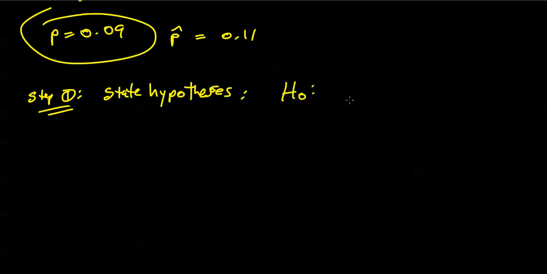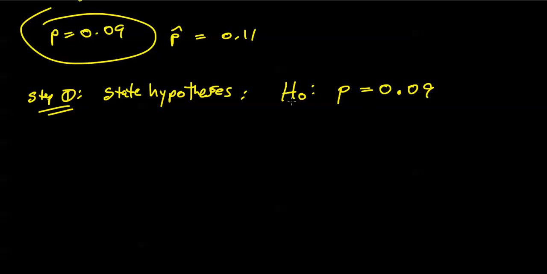H0 is what we call the null hypothesis. It's like the king of the hill. It's like the assumed or historically shown value. H sub 0 is always the null hypothesis, and here that is the original claim that the population proportion of green-eyed people is 0.09 or 9%.